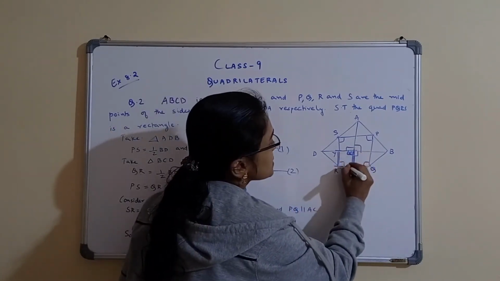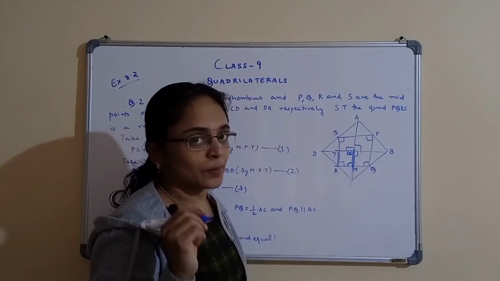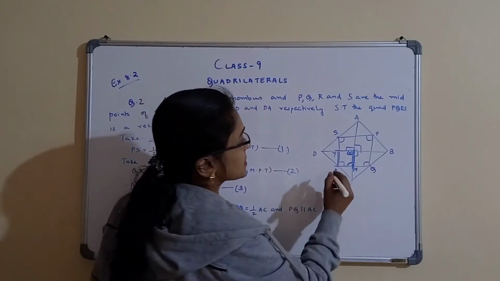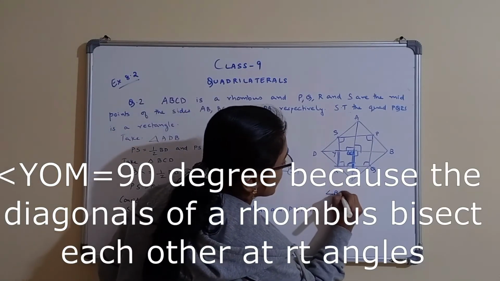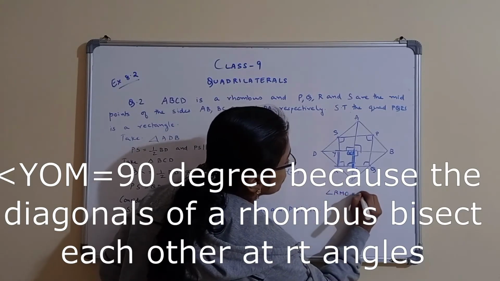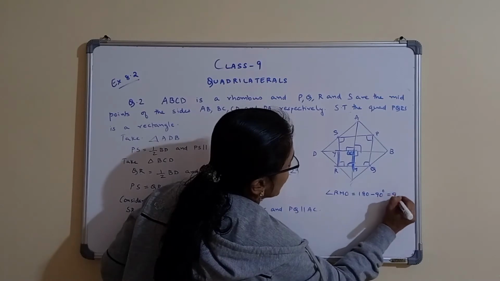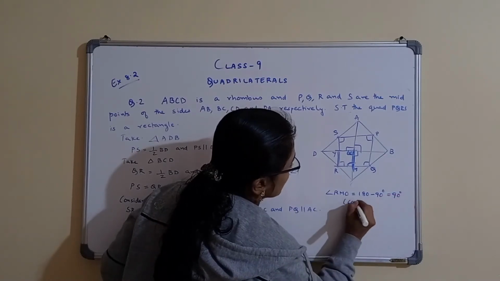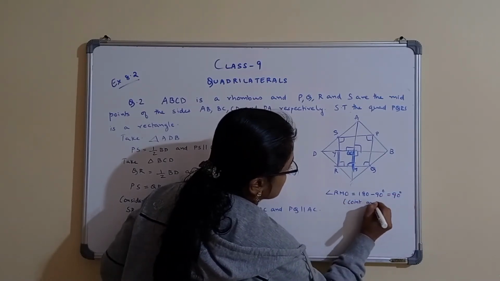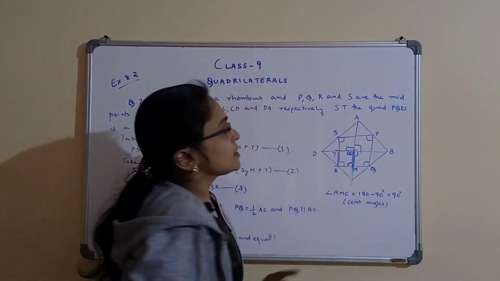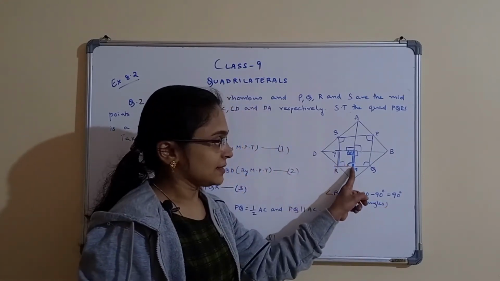So this plus this will be equal to 180 degrees because they are co-interior angles. So angle RMO is equal to 180 minus 90, which is equal to 90 degrees. So we got this angle as 90.